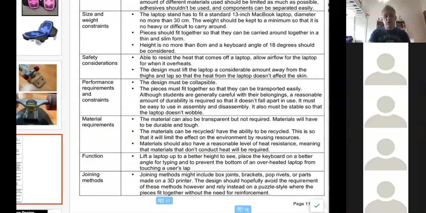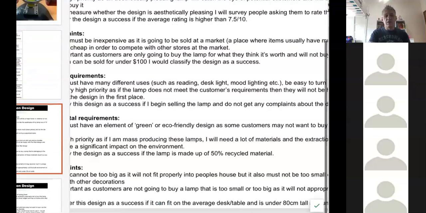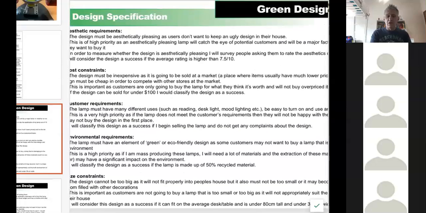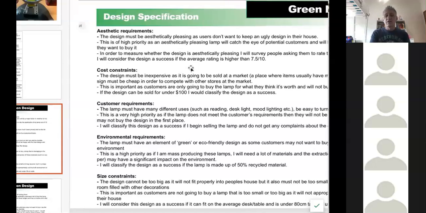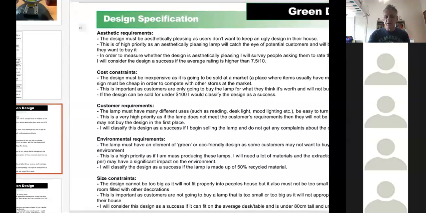Okay, so I just want to race through now a few different specification samples for you, so that you get a bit of an idea of what they are. So here's another one. Let me just bring that across a bit so you can see more of it.